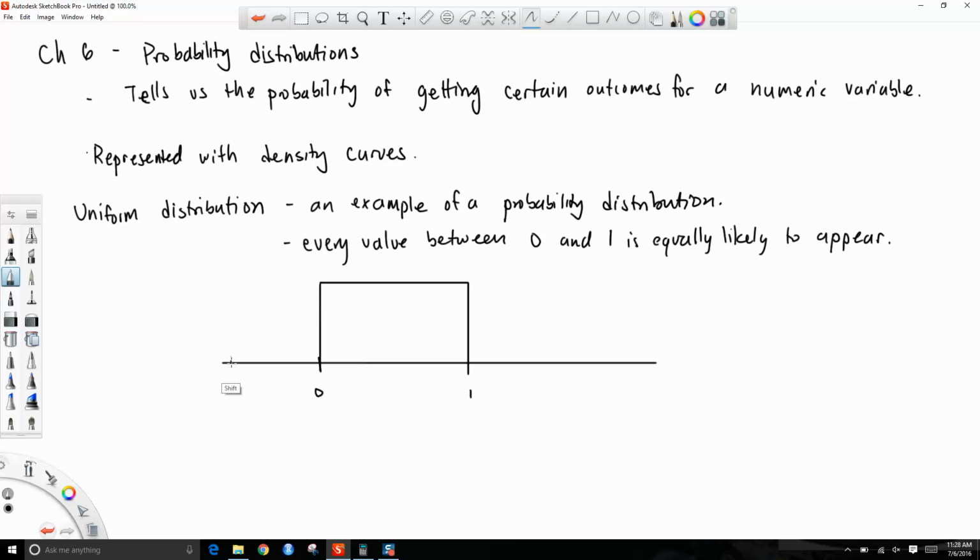So the height represents the probability. And so we can see every number between 0 and 1 has the same height. So every number between 0 and 1 has equal probability of showing. Okay, numbers outside of 0 and 1, that height is at 0. Okay, so the height is down here and the height is down here to represent that there's no chance of these numbers showing.